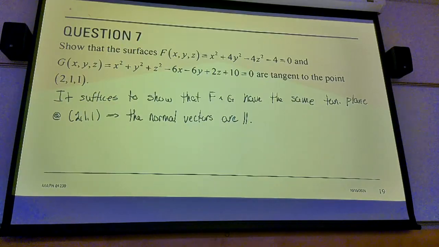What does it mean for two vectors to be parallel? They differ by a scalar multiple, or they're scalar multiples of each other. One's a scalar multiple of the other.